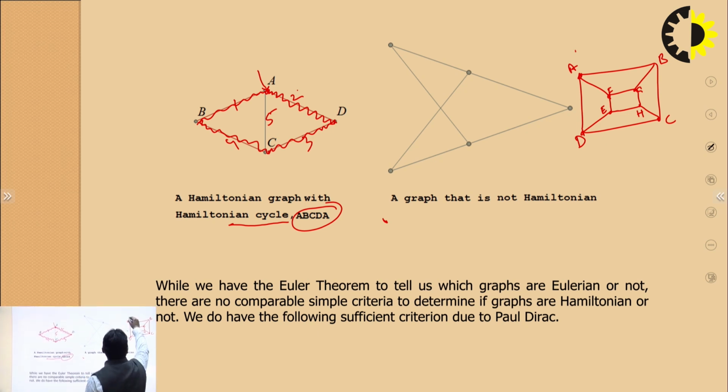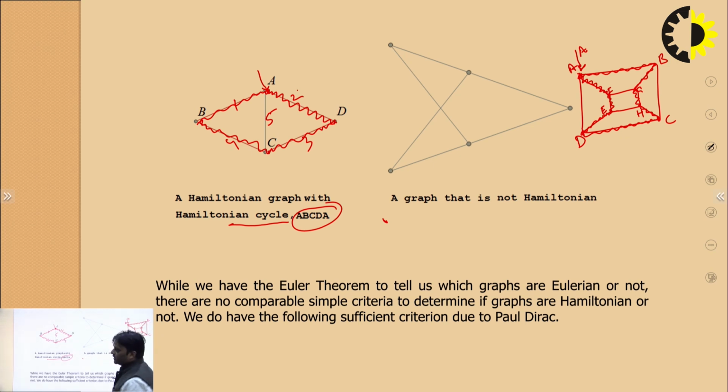We start with vertex A, next vertex F, E, D, C, H, G, B and A.